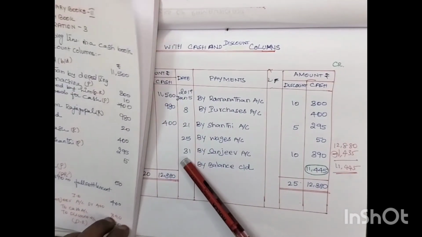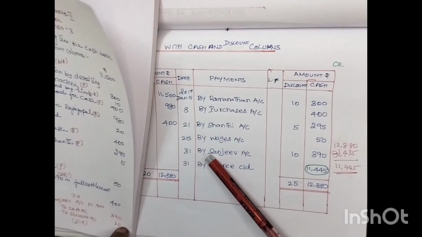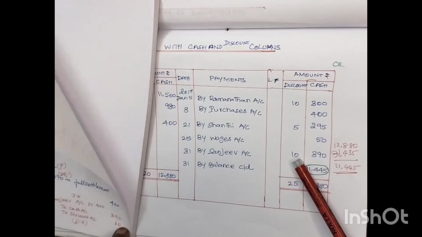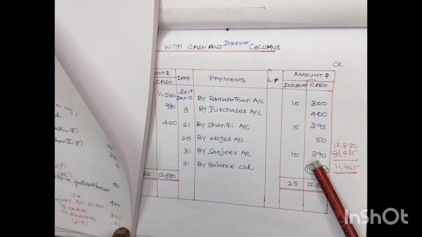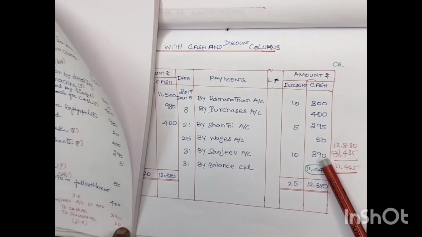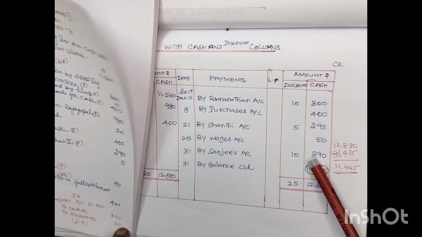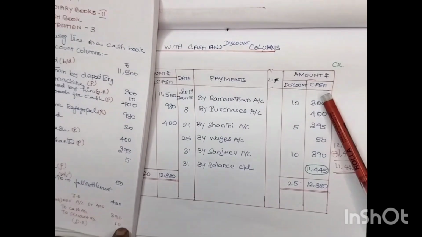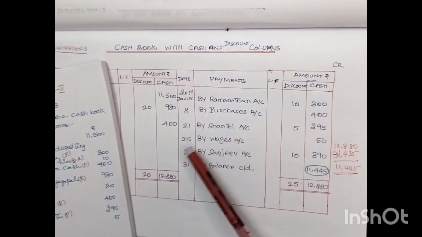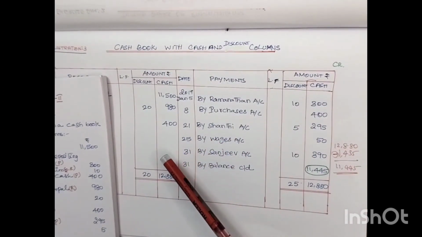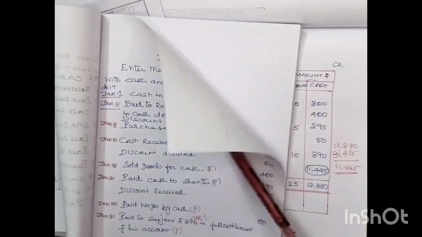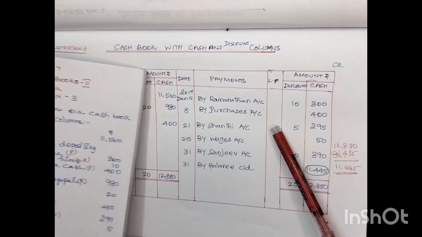So January 31, by Sanjeev account, discount received 10 rupees, and 390 rupees you paid. You have to enter 390 rupees in the cash column. Okay, so you have entered all the given cash transactions into the cash and discount columns.